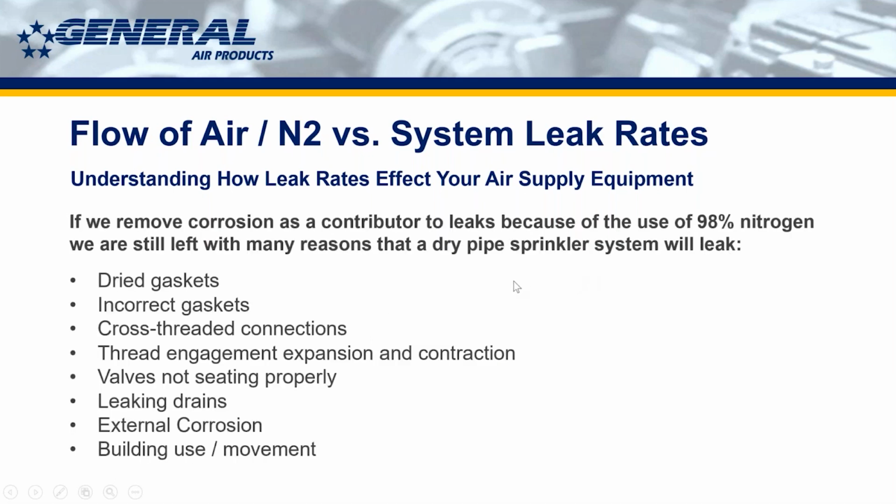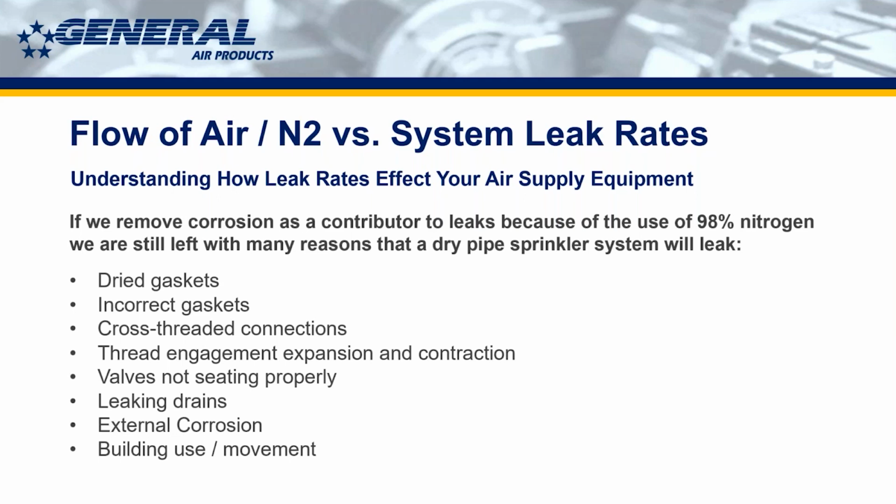Well, there's still reasons 2 through 200 why your system's going to leak. So some of those reasons: dried out gaskets, incorrect gaskets, cross-threaded connections, external corrosion, because internal nitrogen does not help external corrosion. Leaking drains, valves not seating properly, building use and movement, all of these things are reasons why you will have leaks that nitrogen doesn't fix, nor does dry air.